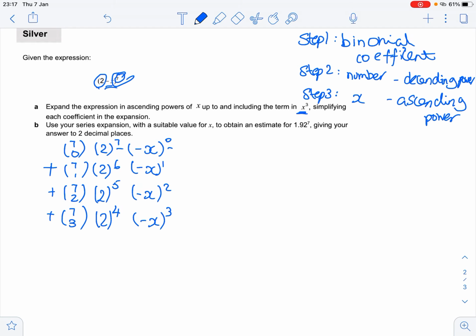So now let's type into our calculator. You type 7C0, which equals 1.